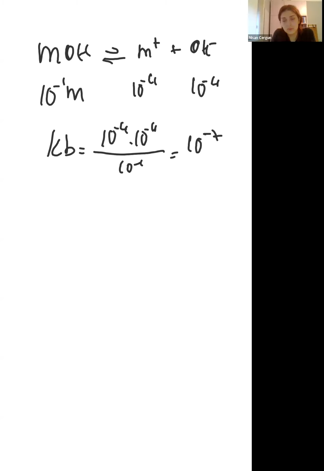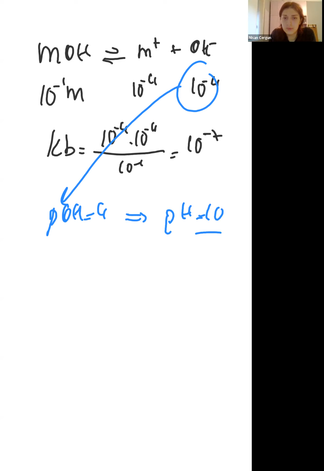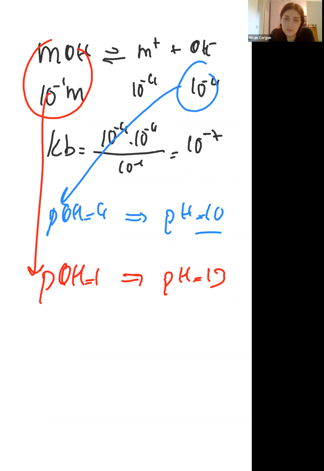We just find pOH as 4 instead of pH. And if we want to change this to pH, it is simply 10. But normally, what we should observe is a pOH of 1 while pH is 13. This is exactly the same thing.